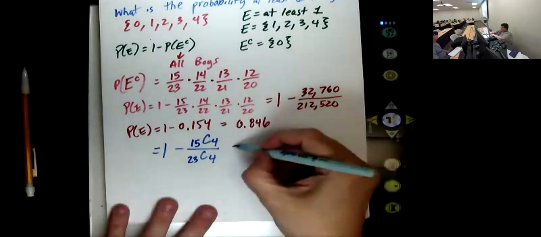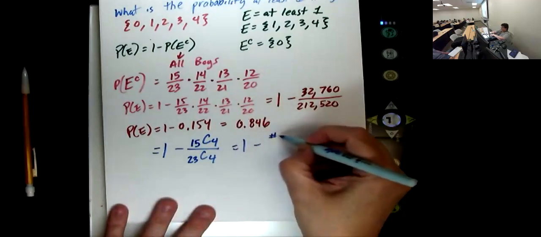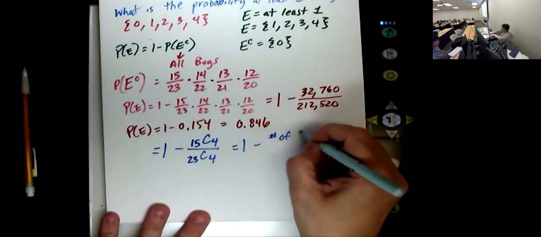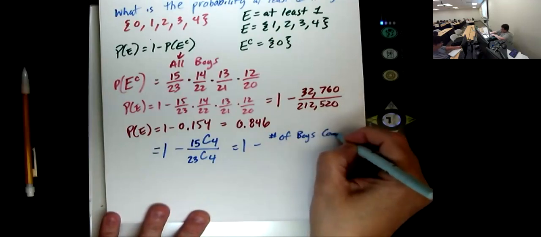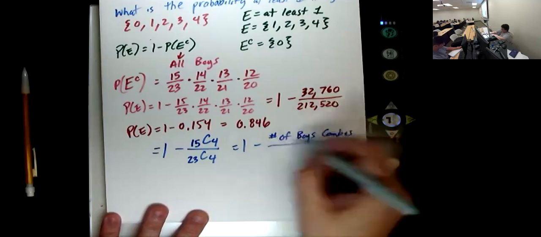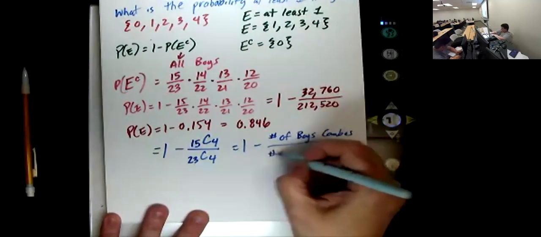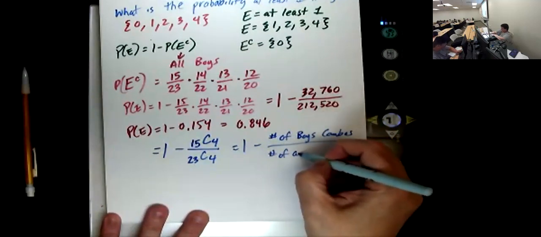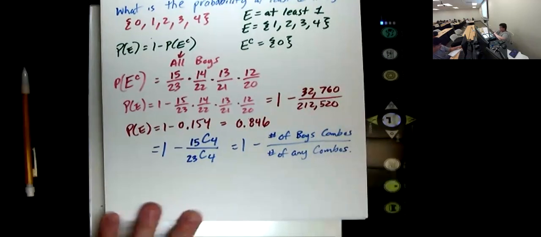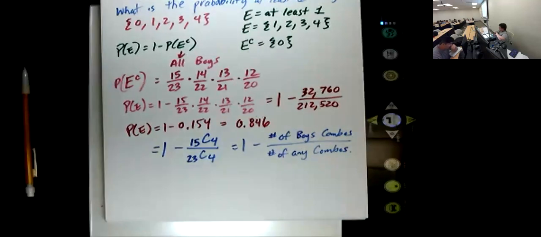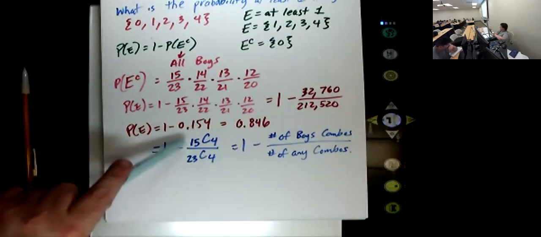So this is 1 minus total number of boys combinations over total number of any combination. Fifteen choose 4 over 23 choose 4. You'll see you get this 0.154.